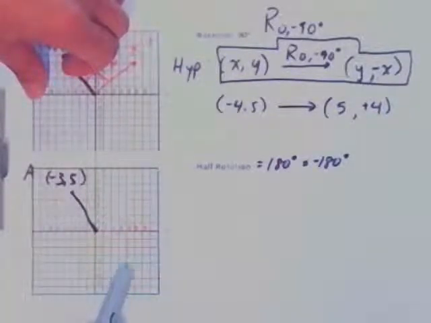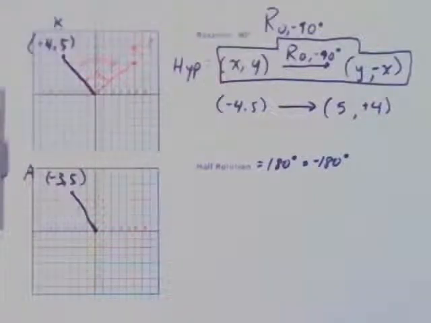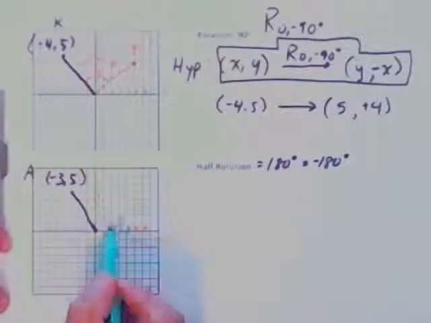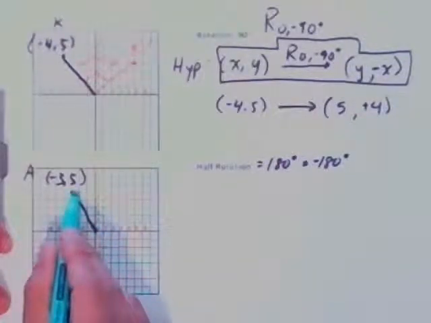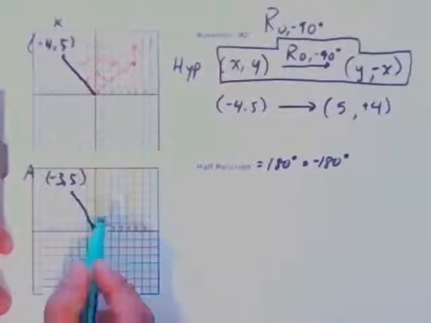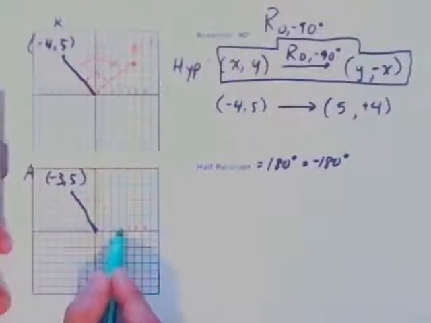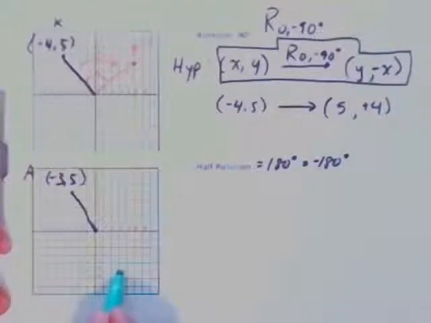If you kind of extend this out, I'm going to use green this time. Got lots of different markers. Seems to be went up 5, to the left 3, so it's going to go right 3 and maybe down 5. So here's your point right there.